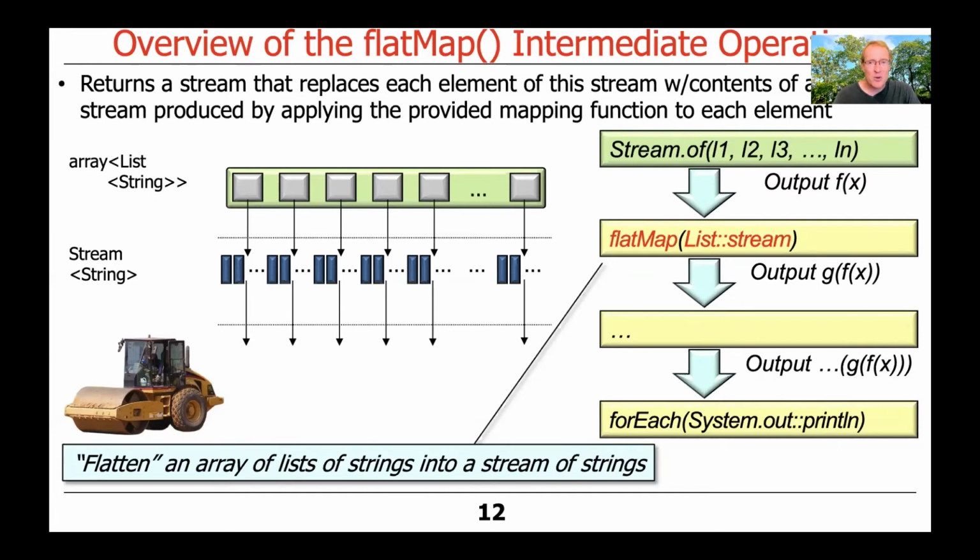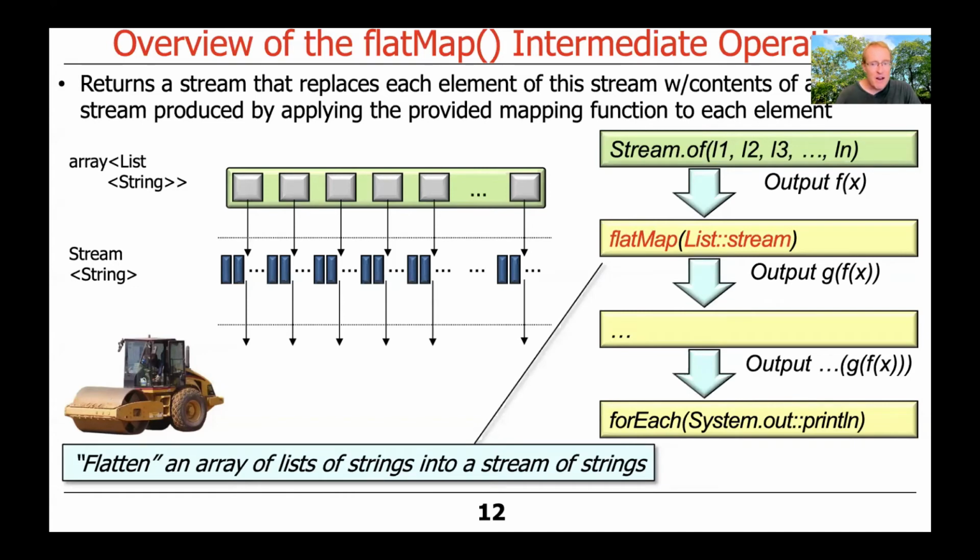So it'll basically go through and flatten out the structured data, converting lists of strings into strings, or a stream of lists of strings will turn into a stream of strings. The image I always have in my mind is a steamroller that runs over the data and flattens it out. So now you get rid of the structure and just have the elements put together.